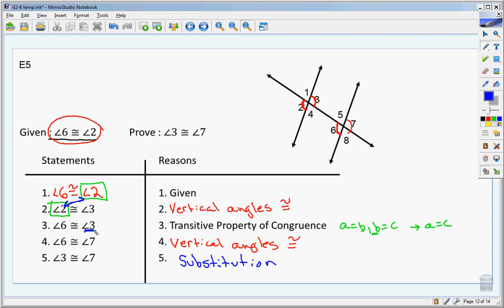Where this stopped, did this one start there? No. In fact, they both started with the same thing. The transitive property has to be in this order. Where the first statement stops, the second one has to start. Since it didn't do that, I'm left using substitution. Okay? Do you see the difference?